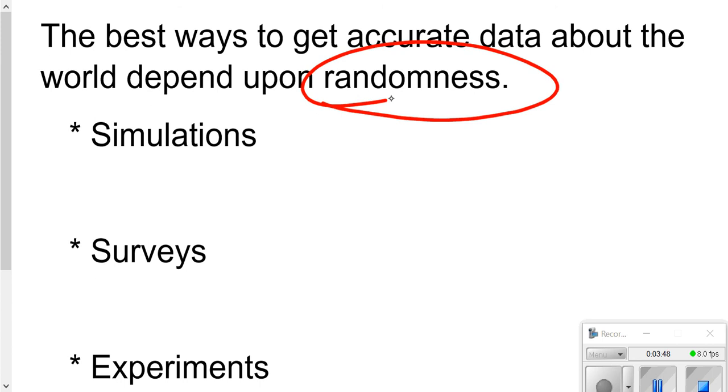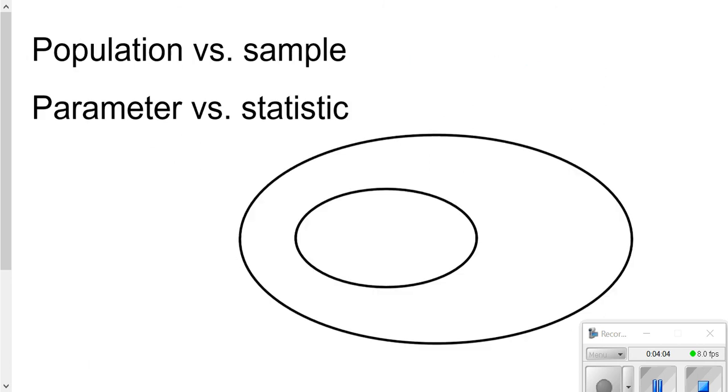So understand that simulations, surveys, experiments all hinge on some idea of randomness. And randomness is where all the different entities in the situation have the same probability of being selected.